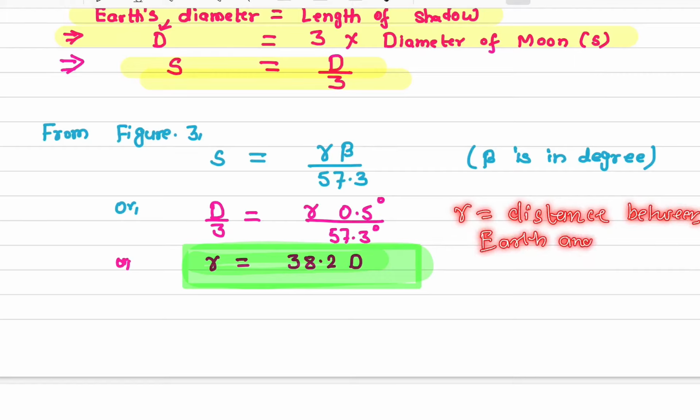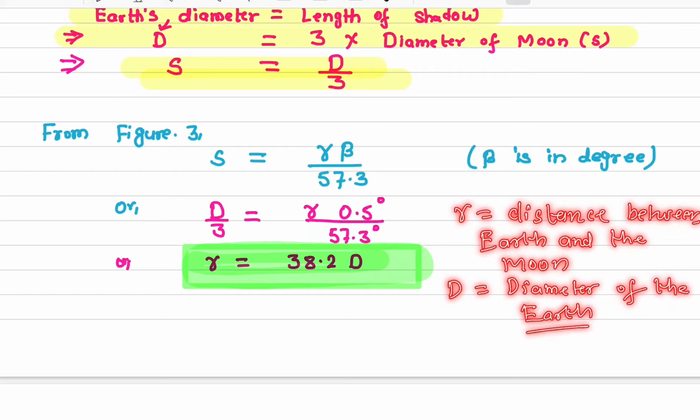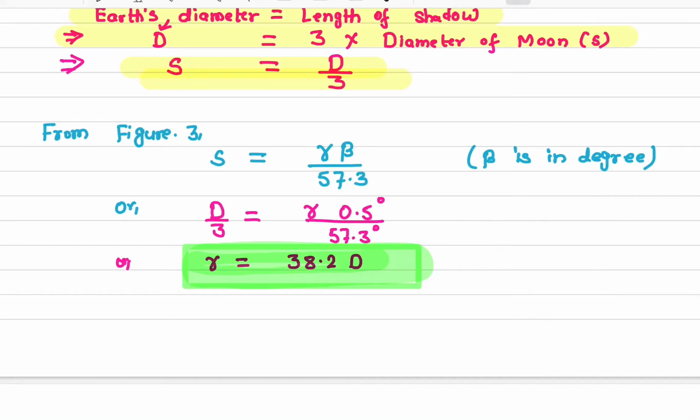And D is the diameter of the Earth. So here the distance between Earth and the Moon is about 38.2 times the diameter of the Earth. So that is what he measured at the time.